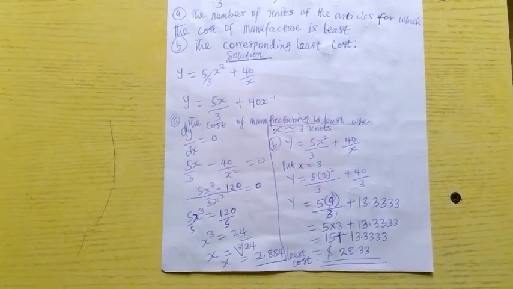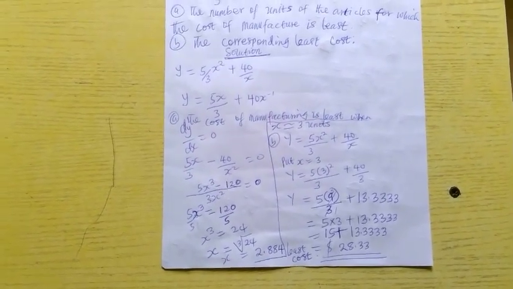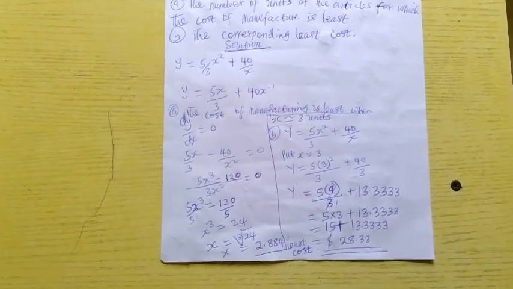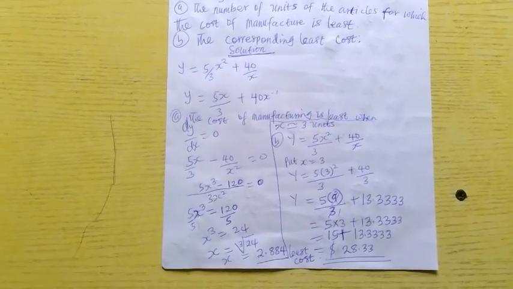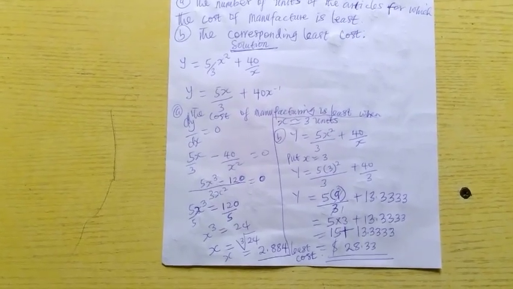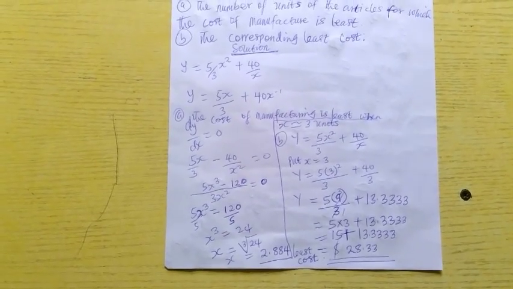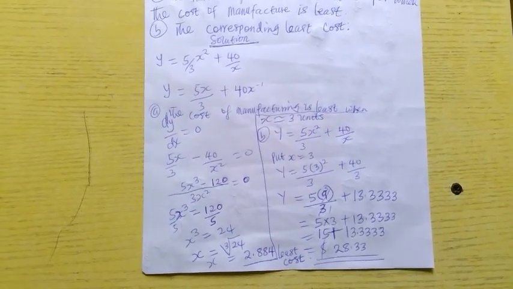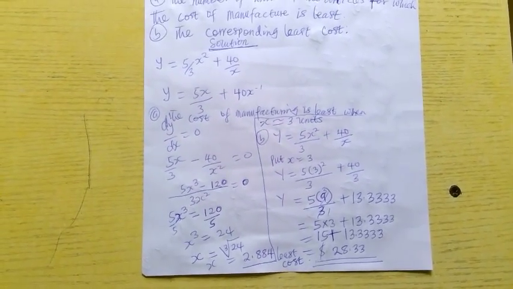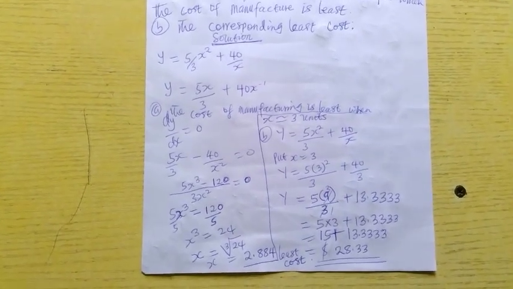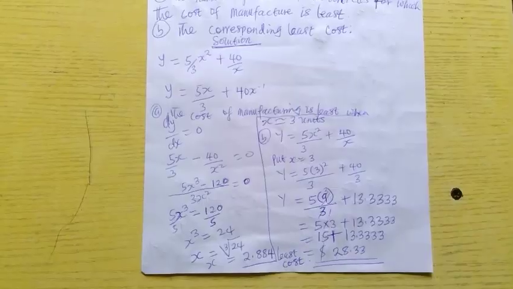So the cost of manufacturing is least when dy/dx equals 0. Please take note. So here you have 5x all over 3 equals 40 all over x squared. Now, if you check, the LCM here is 3x squared.